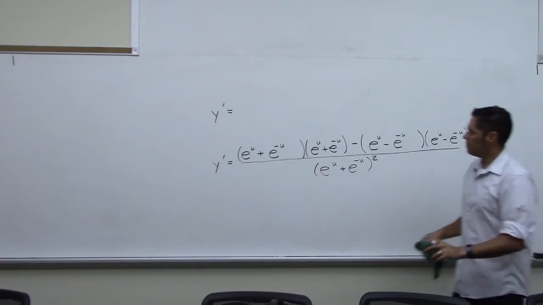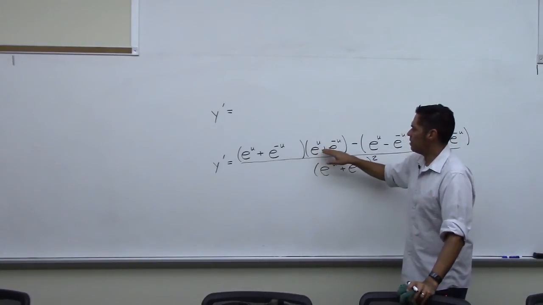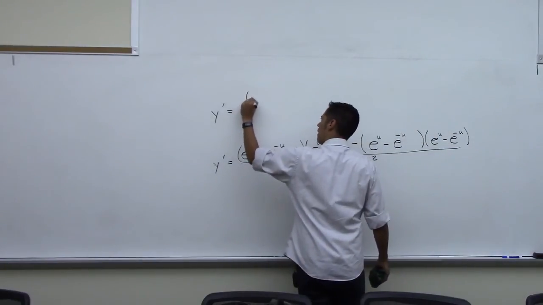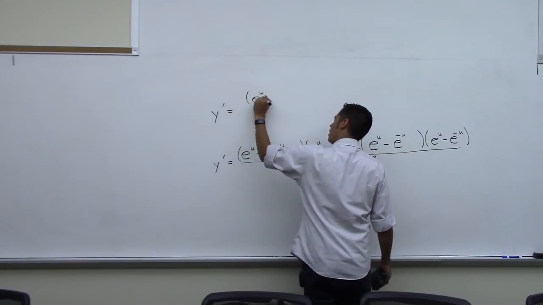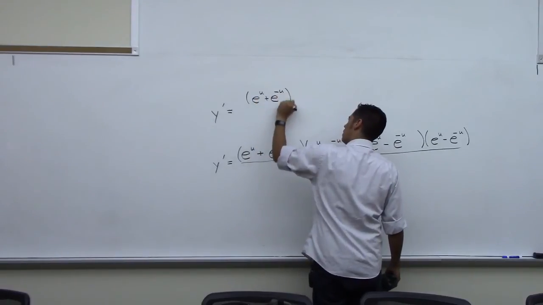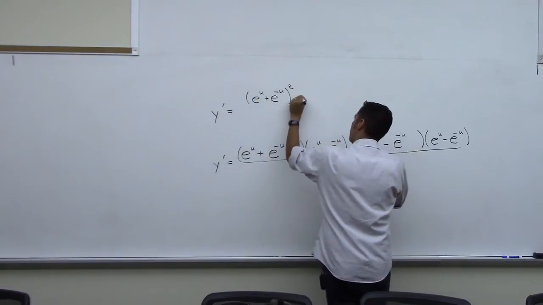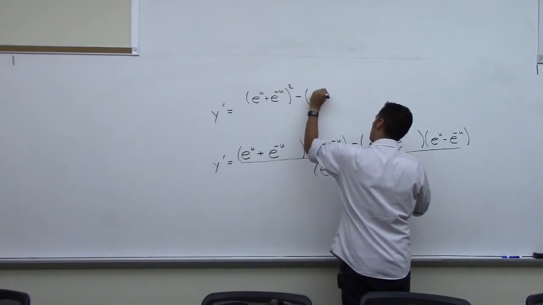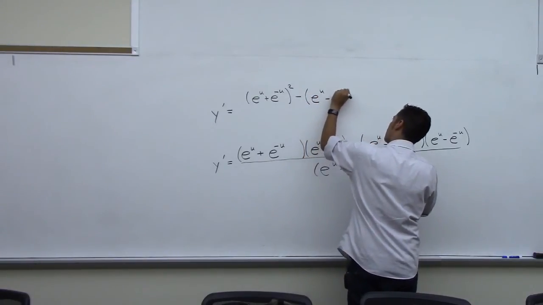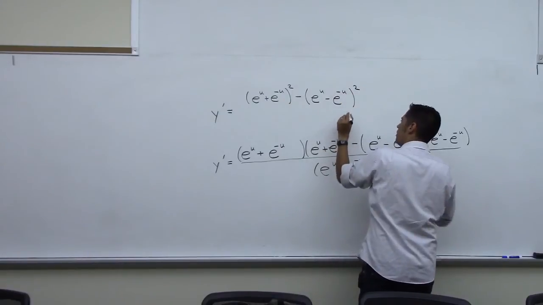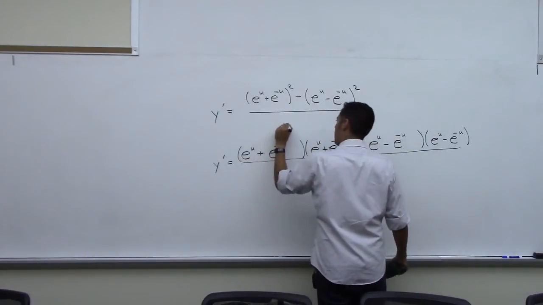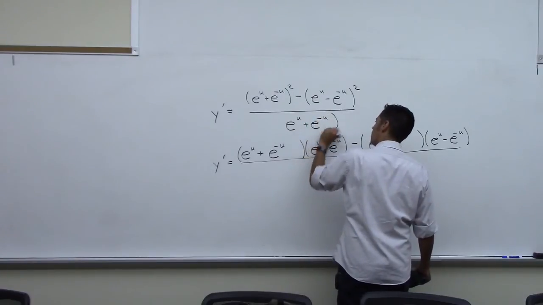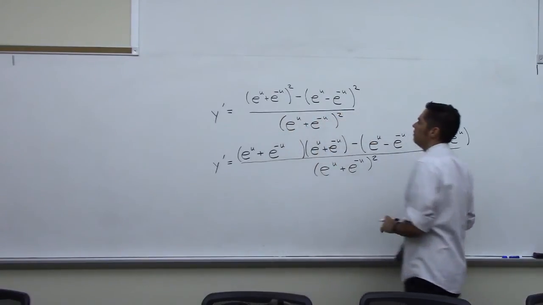And notice that this and this together, they're the same thing. So this is e to the u plus e to the negative u squared minus e to the u minus e to the negative u squared again, all over e to the u plus e to the negative u squared.